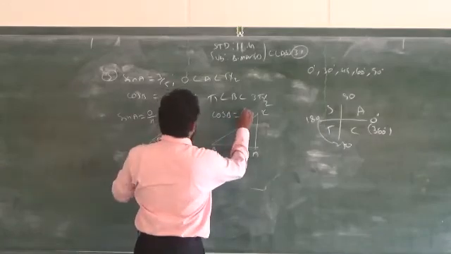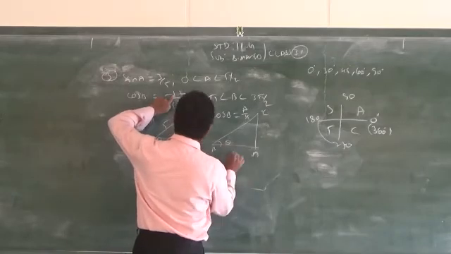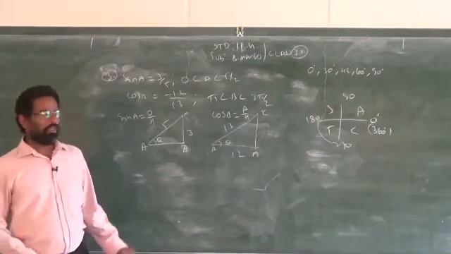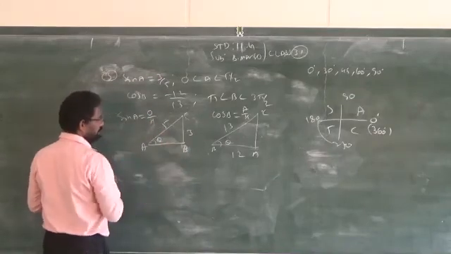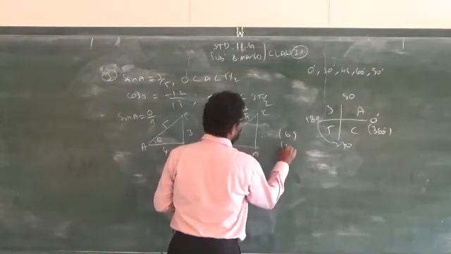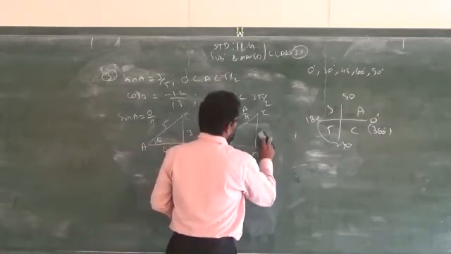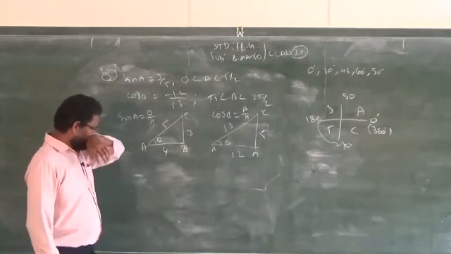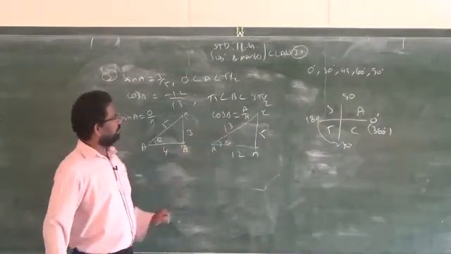For cos B, adjacent by hypotenuse, adjacent is 12 and hypotenuse is 13. Again using the Pythagoras theorem, 25 minus 9 is 16, so that side is 4. And 13 square is 169, minus 144 gives 25, so that side is 5. This is called a Pythagorean triplet. You must remember this 9th standard concept. So I know all the sides of the triangle.